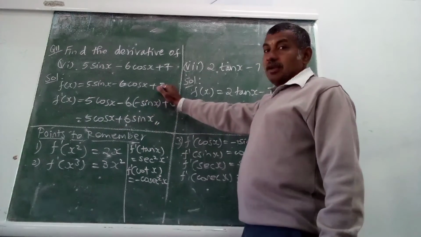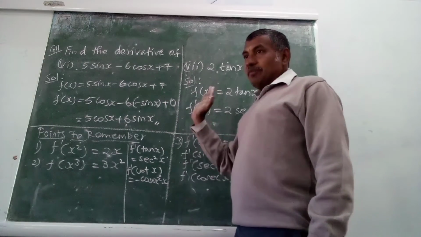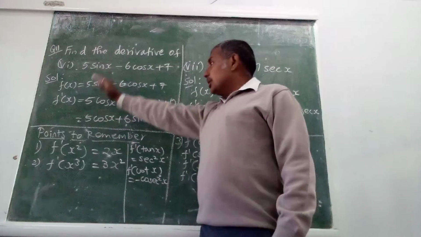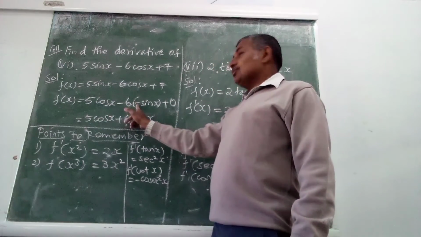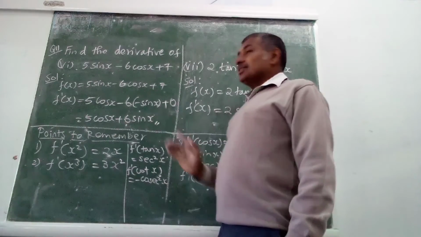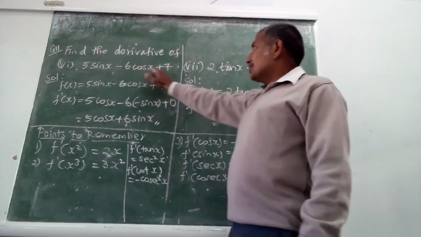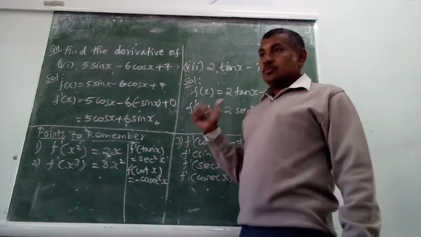If you differentiate 7, I get 0, so the third term vanishes. So the differentiation of 5 sin x minus 6 cos x plus 7 is equal to 5 cos x plus 6 sin x.